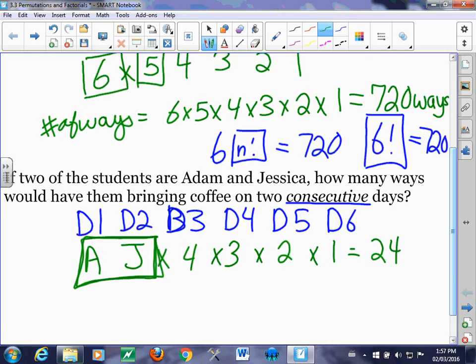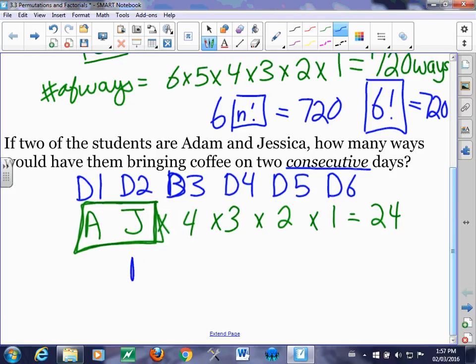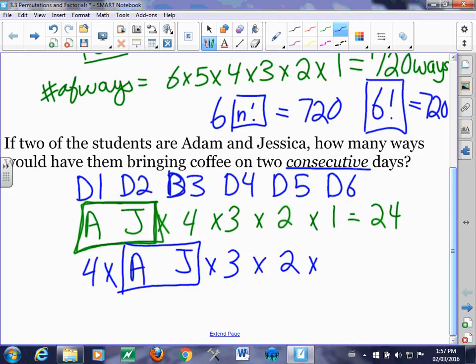But they don't have to go on day 1. They could go on, let's say, day 2 and day 3. If we know automatically that Miss Smith is going to pick them to go day 2 and day 3, then we have 4 over here, times 3 times 2 times 1, because if those are fixed, then we still only have 4 people left.